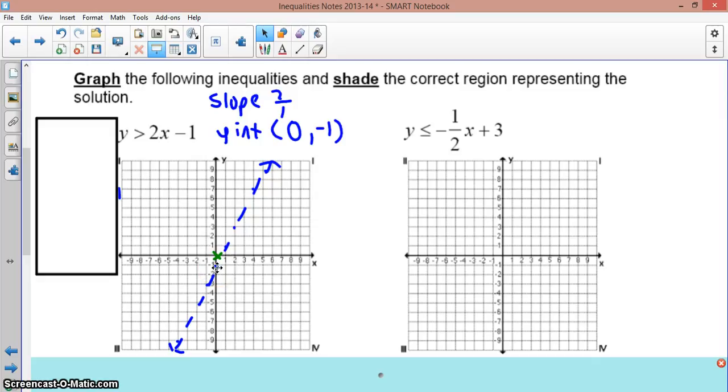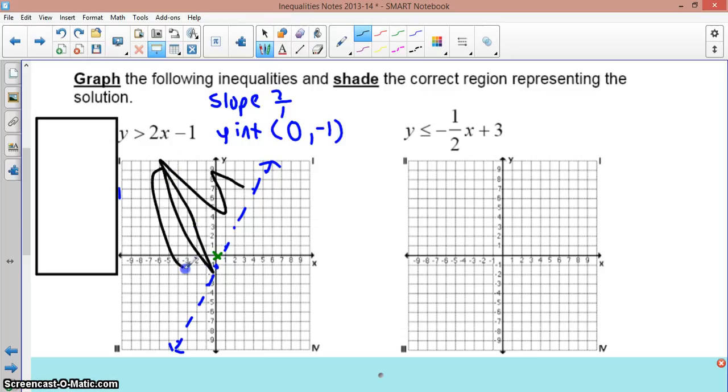So where are the greater y values? The greater y values need to be shaded. The greater y values are up here, because down here are the lesser y values. So anywhere up in this region needs to be shaded, because these include the greater y values.